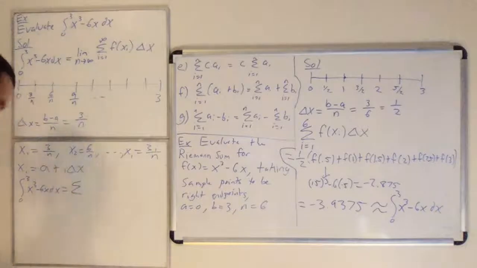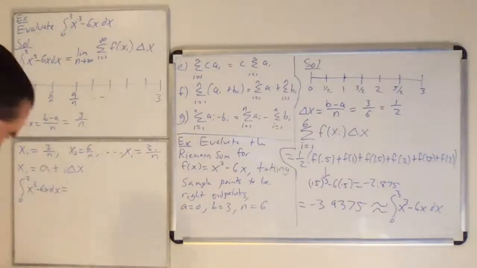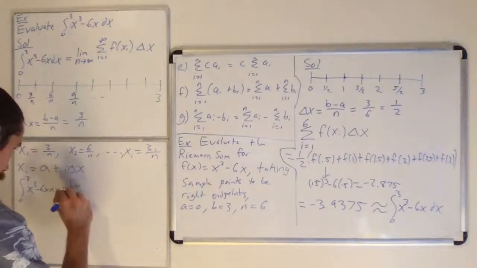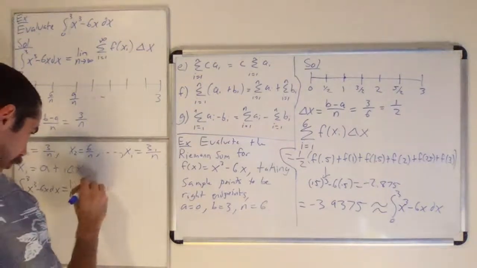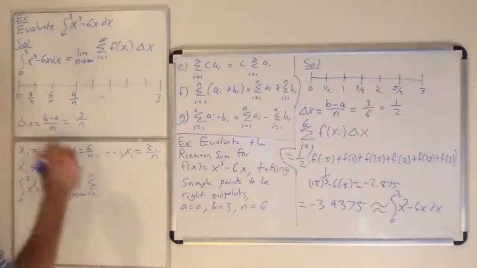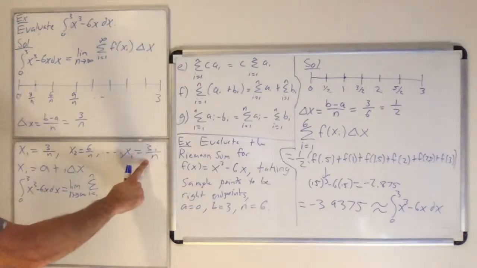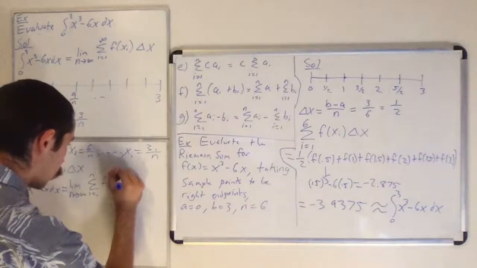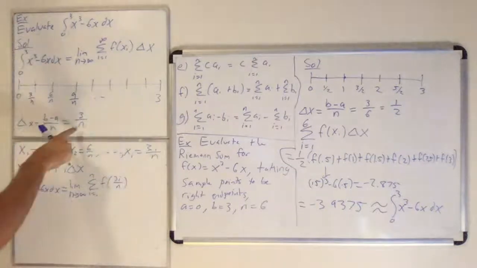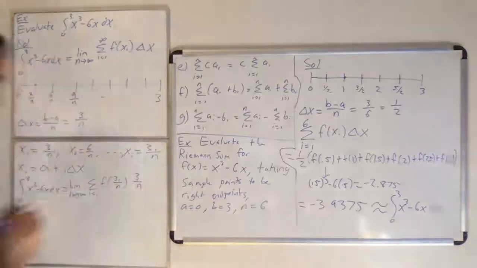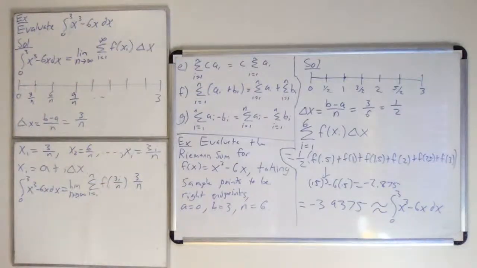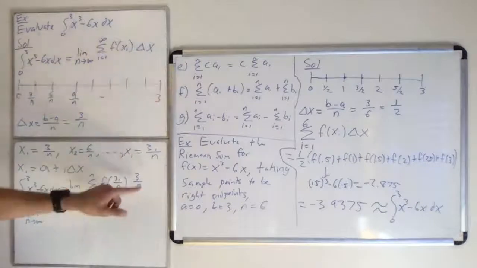It's equal to the limit as n goes to infinity of the sum from i equals 1 to n of f of x sub i times 3 over n. We could use this identity to factor out this 3 over n.